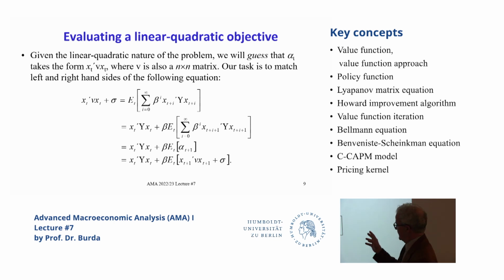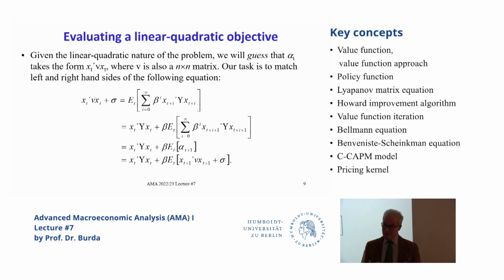So if you look carefully at the right-hand side, you've got the return function in period t, and you've got the expected value conditional on t information of the rest of my utility, which by assumption looks like this, if I'm doing the right thing. Right? So in a sense, if alpha defines optimal policy, then I can solve this thing forward. Even if it doesn't define optimal policy, whatever it is, we can solve for this. And the equivalence of the left and the right-hand side means that I can take that last step, moving from here to here.